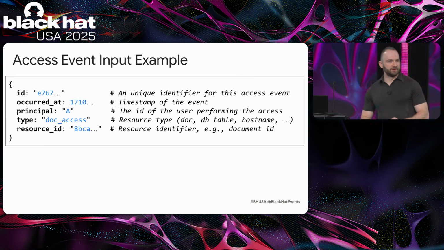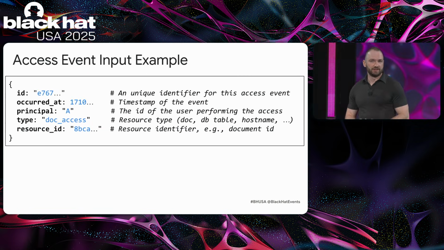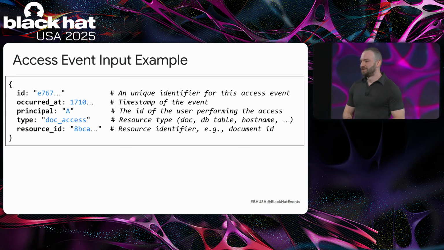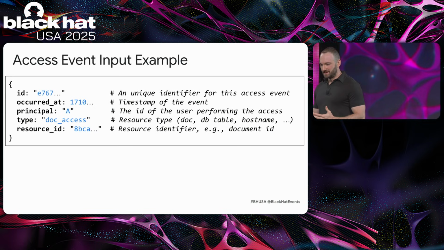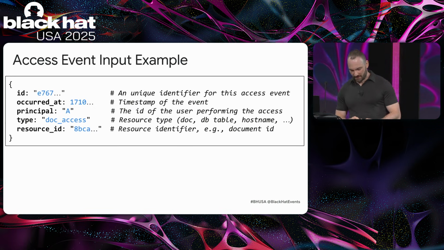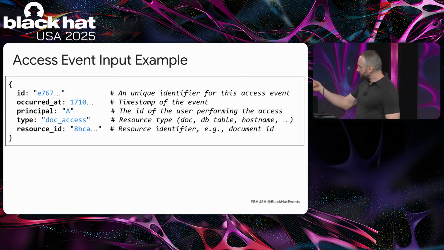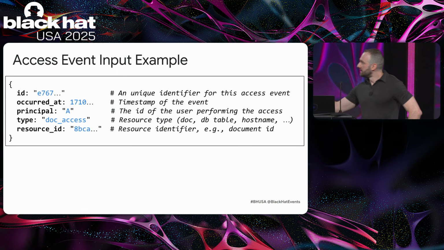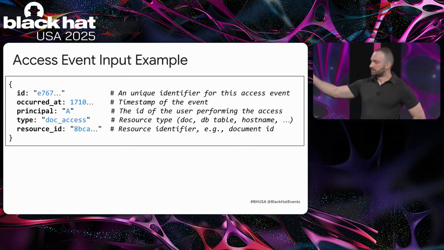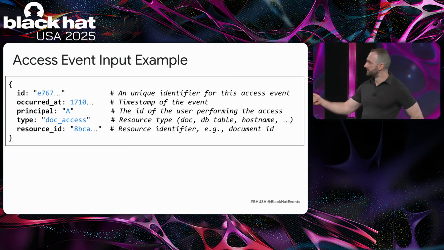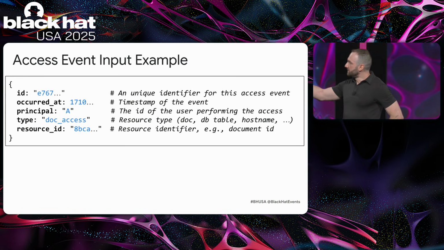As Ellie mentioned, we're also releasing a reference implementation, and I want to show you how easy it is in the reference implementation to represent such a resource access event. You have a few fields. You have a timestamp, obviously. You have the principal that's accessing the resource, and you have the type of the resource. This is just for internal bookkeeping. And finally, you have the resource ID.